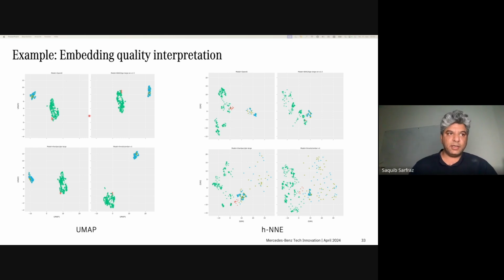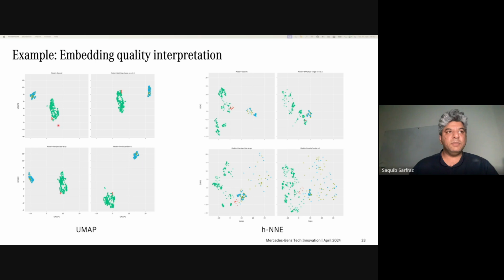We chunk the data and then use the OpenAI embedder and some others, say Ember, GT, so different embedders. Here you see a view with UMAP and h-NNE. In UMAP, you would see this optimization impact, so to speak. All of these embedders are very different, some are good, some are not.